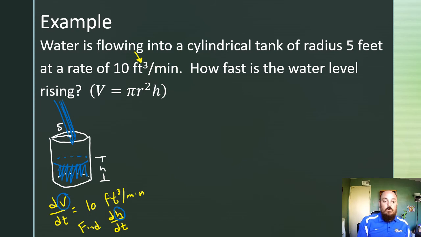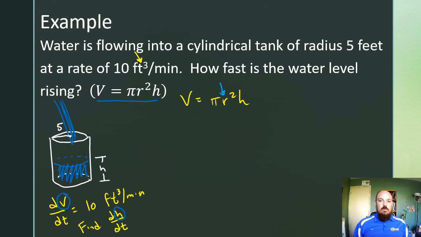Now, let's start with the formula I actually gave you guys. Volume equals pi r squared h. And you say, well, pi is not a variable, it's a number, so I don't have to worry about that. I've got my V and my H. I need to get rid of this r.